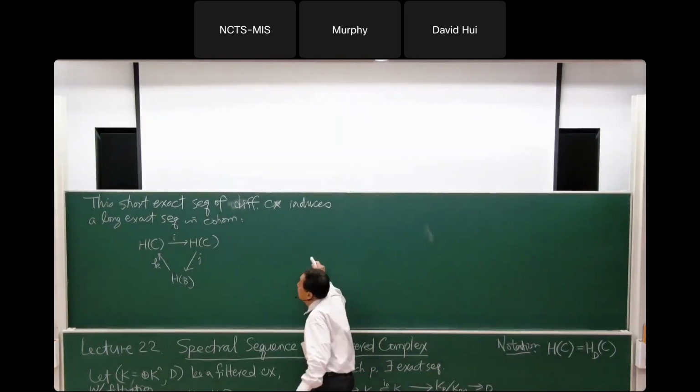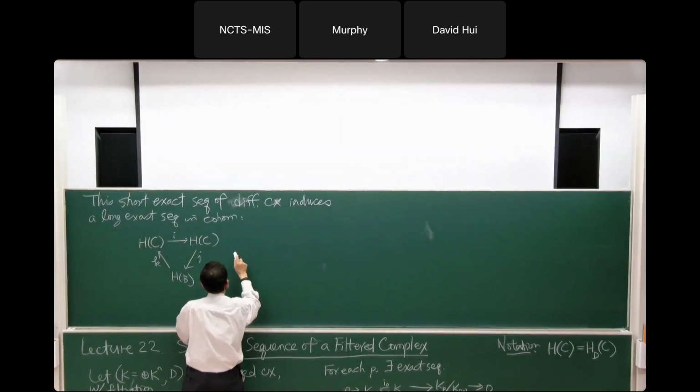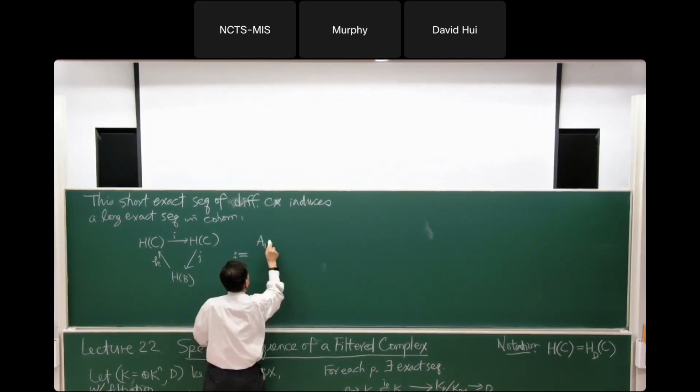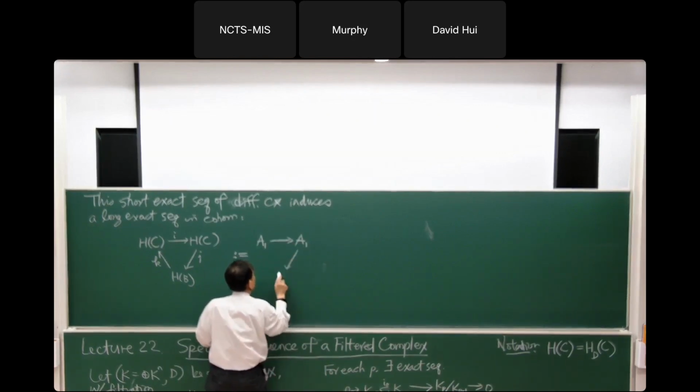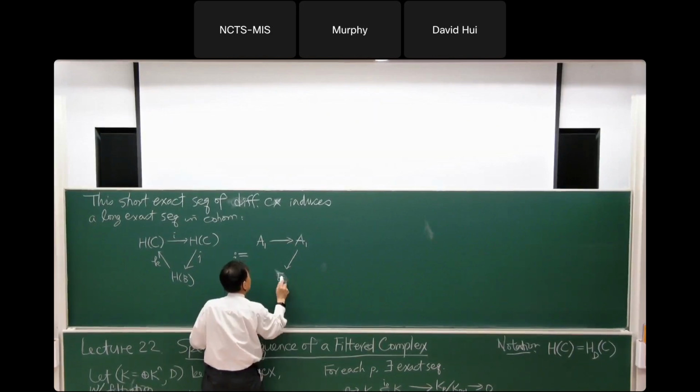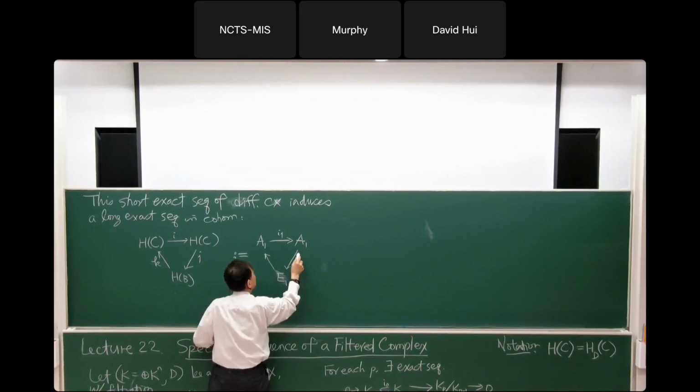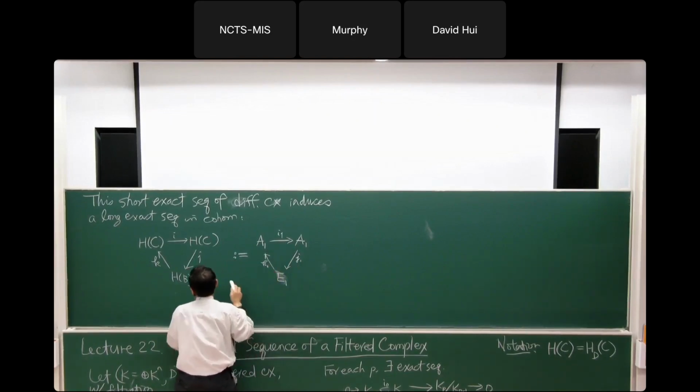So this is an exact couple, and we call it our A1 and E1. The maps are I1, J1, K1.